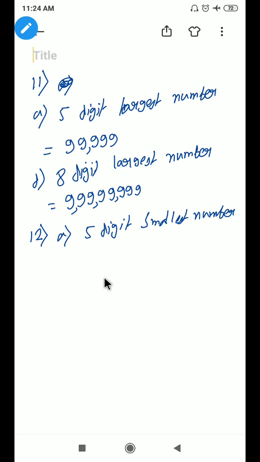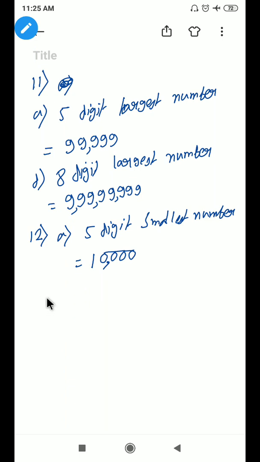Clear? This will be converted to a 1-digit number. So that's why you can't put 0 only. Clear? So after 0, which one is the smallest digit from 0 to 9? This is 1. So write 1 first. Then you can put 0000. So this will be the 5-digit smallest number.